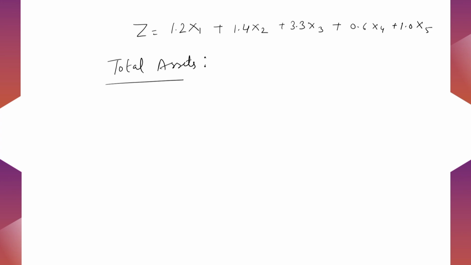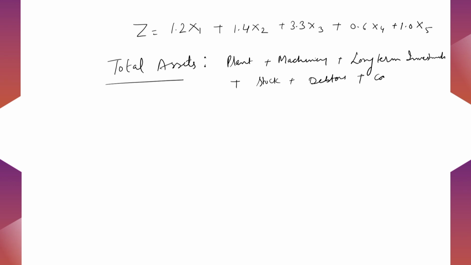So our total assets will be plant plus machinery plus long term investments plus current assets like stock plus debtors plus cash and the intangible asset, goodwill.